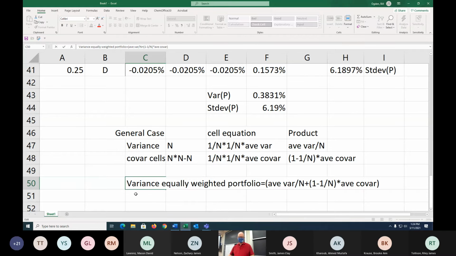Okay. And then the portfolio standard deviation would equal what? Just take the same equation, take the square root, right?